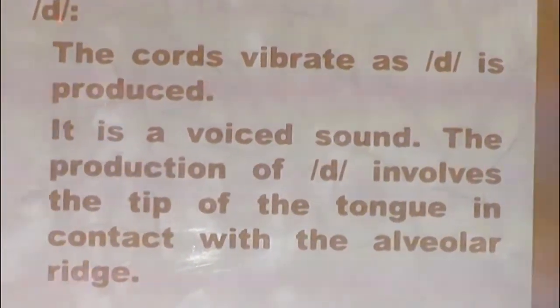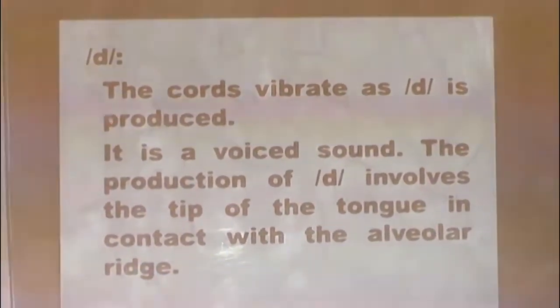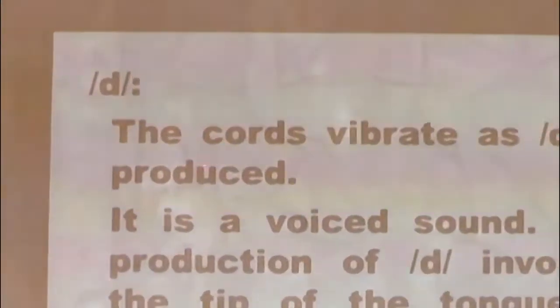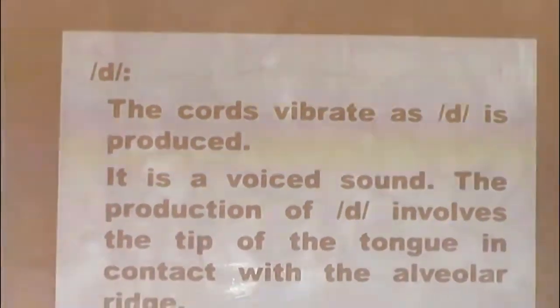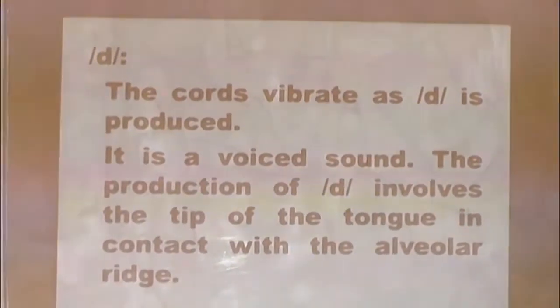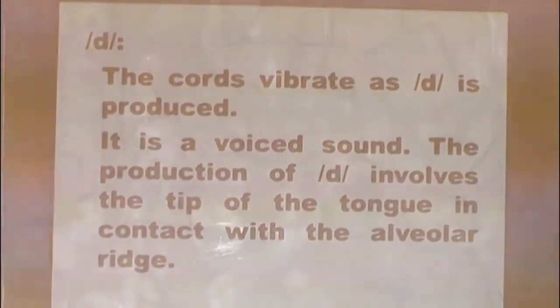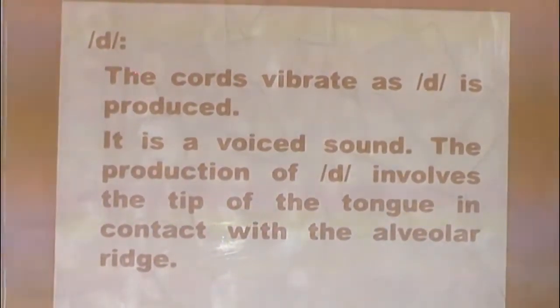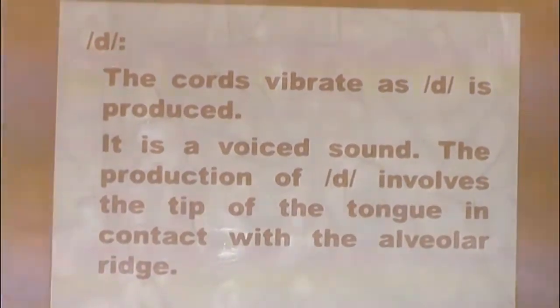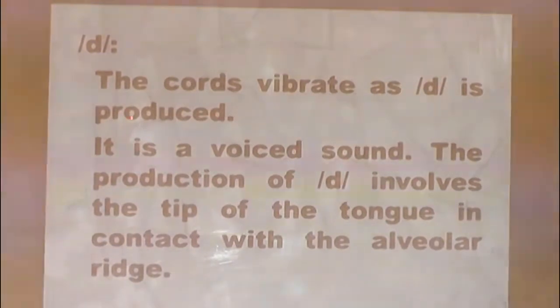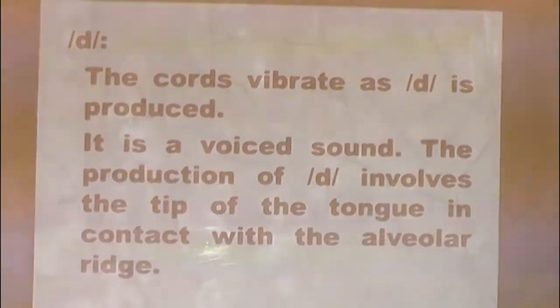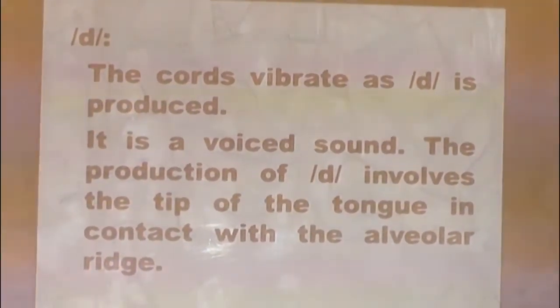Let's look at the next sound. This sound is exactly the same as the previous one, that is the ta sound. The major difference between this sound and the ta sound is that while the ta sound is voiceless, this one is a voiced sound. This is da sound. The cords vibrate as you pronounce this sound.